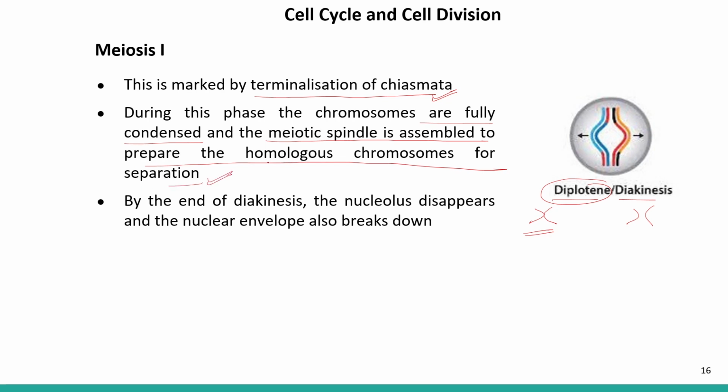So spindle formation takes place and it helps the homologous chromosomes to get separated. By the end of the diakinesis, the nucleolus disappears and the nuclear envelope also breaks down. So that also disappears. Now the chromosomes are present in the cytoplasm, right? Because there is no nuclear envelope.